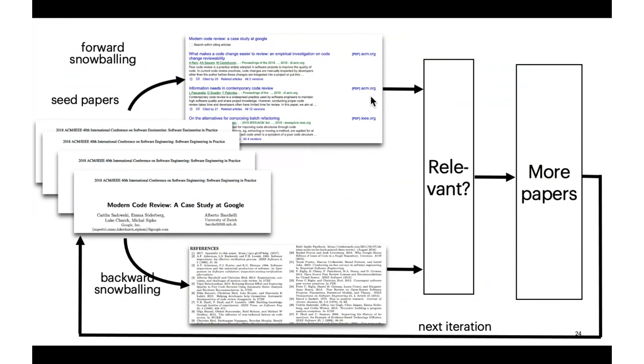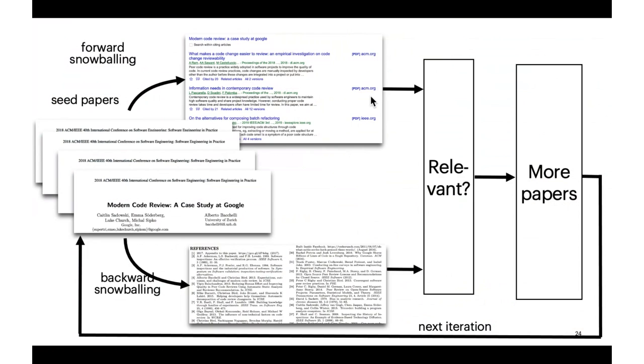So typically what happens then, we perform backward snowballing and forward snowballing. So backward snowballing would mean checking the papers cited by the paper we are focusing on and selecting among the papers cited those which might be relevant for the topic of our work.